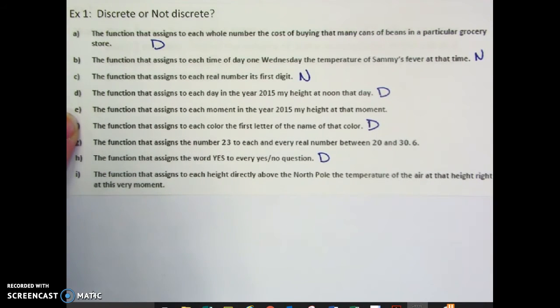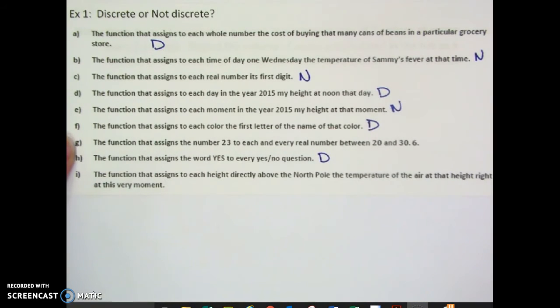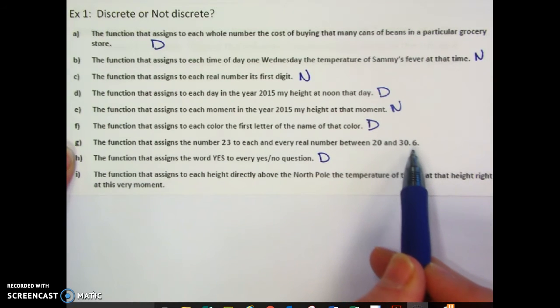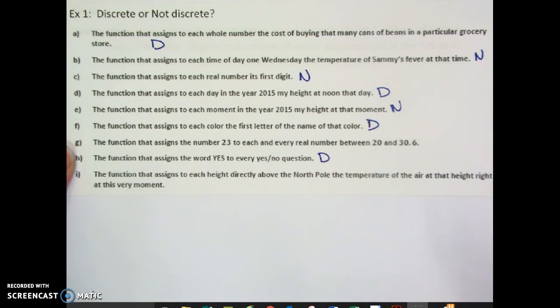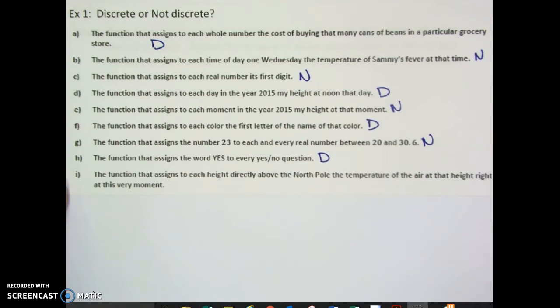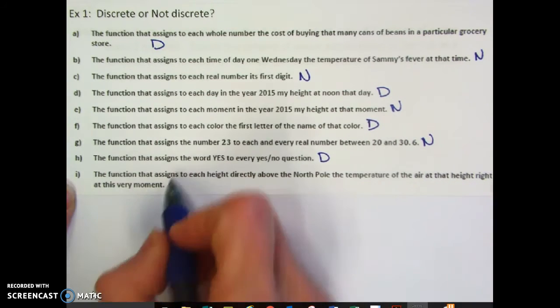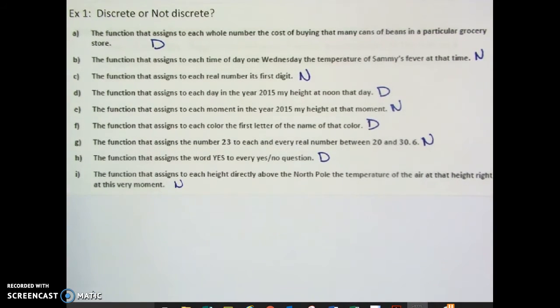You're talking about small increments of time. The function that assigns the number 23 to each and every real value between 20 and 30.6 is not discrete. And the function that assigns to each height directly above the North Pole the temperature of the air, that is also not discrete.